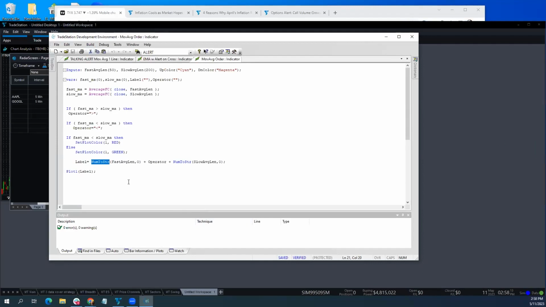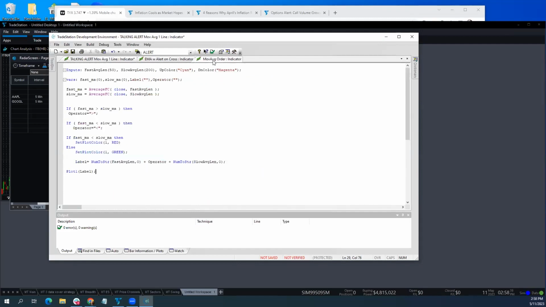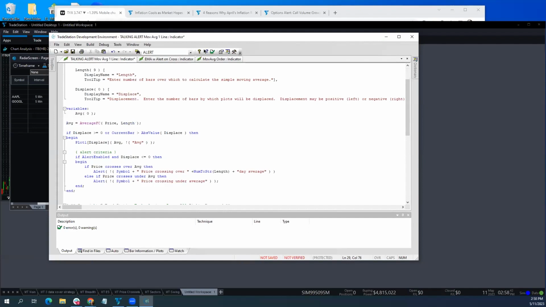This is a command that will change a number into a string. So if I go here, price crosses over, and then I do this. Let me just make sure I have that right. Num2str, I need to put in a 0, 0.